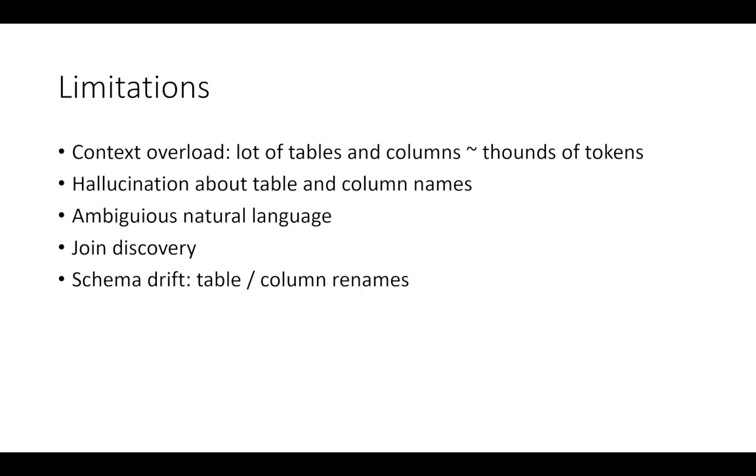It's like thousands of tokens. It's not only the cost, but the LLM may get confused. It may not give good results because of this context overload. Second thing is hallucination about table and column names. The LLM may hallucinate, and not just with schema, it can hallucinate with data also.